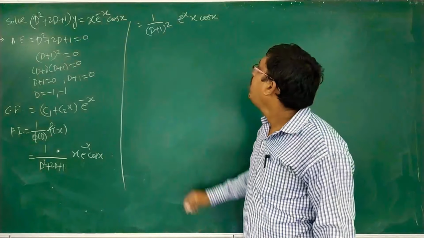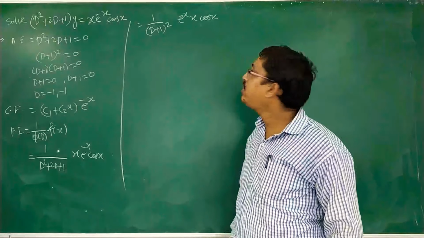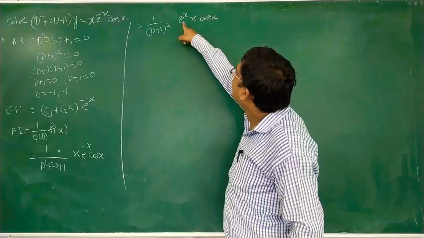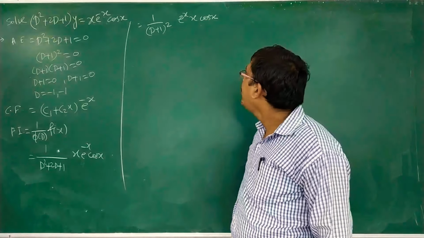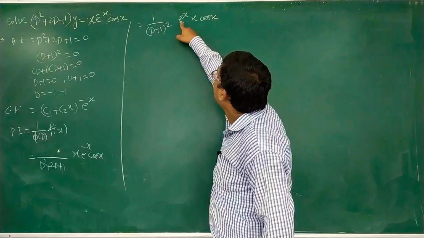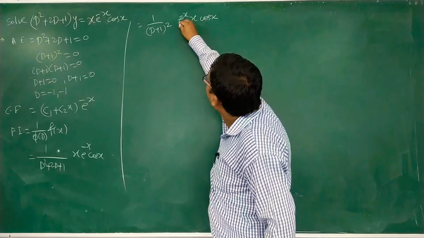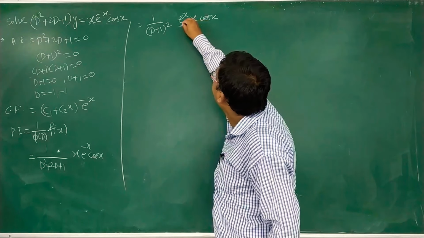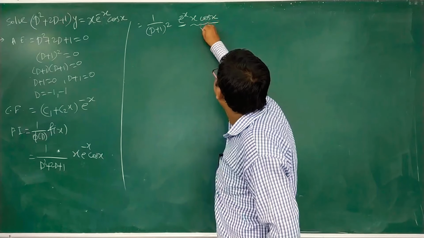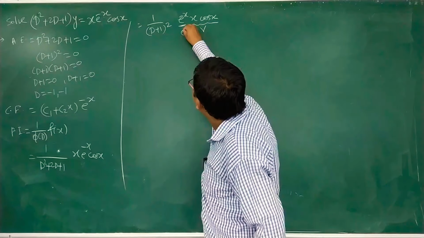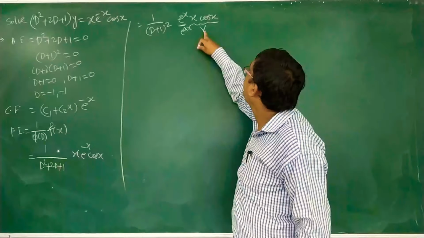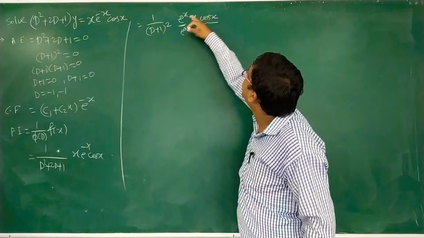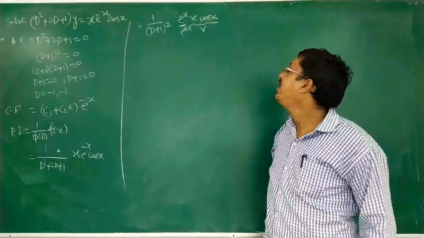We have to solve this by a shortcut method. Here there are three terms in the multiplication: e^(-x), x and cos x. So here we can apply the rule e^(ax) V. For that we take this as the exponential term, the first term, and this is our V, and this is our e^(ax). So we use the formula e^(ax) V, where the value of V is x cos x as a function of x.